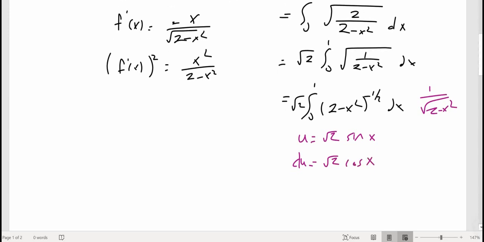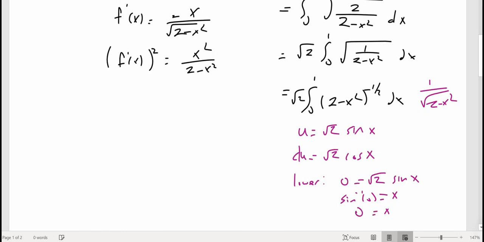Then we'll have to switch our bounds. So my lower bound, 0 would have to equal square root of 2 sine of u. So sine inverse of 0 is going to be our u, which means u is going to be 0.